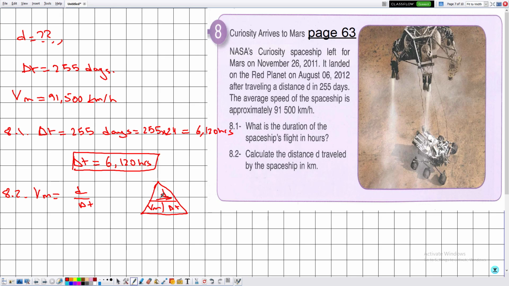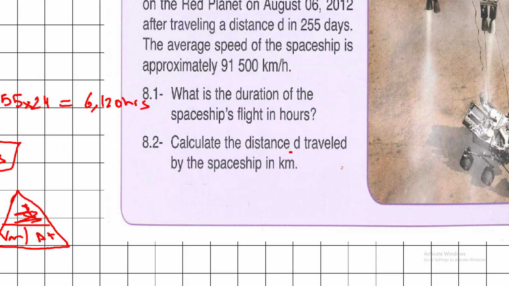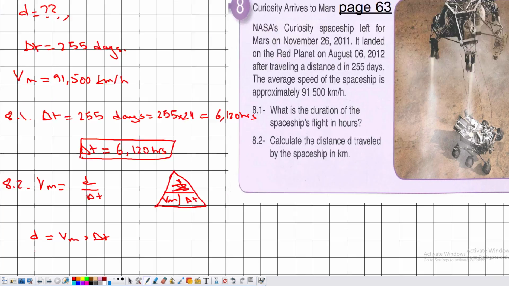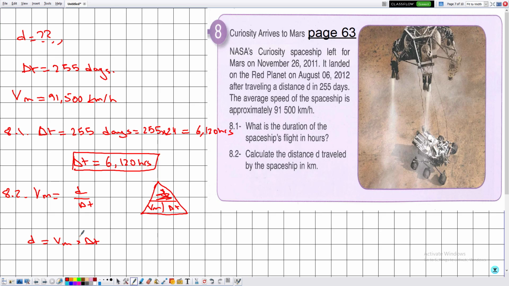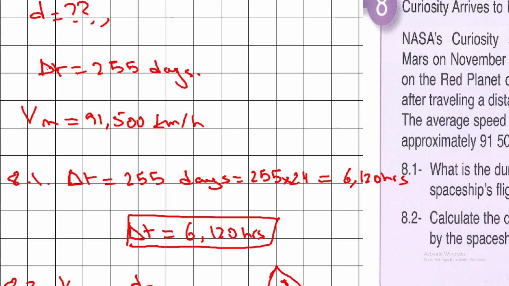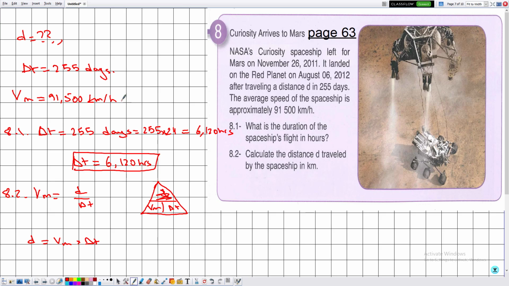Putting our hand over d, d is given by Vm multiplied by delta t. To calculate d in kilometers, first we will calculate d in meters, which is the SI, then convert it to kilometers. Notice that the speed is given in kilometers per hour, which we convert to the SI, meters per second.